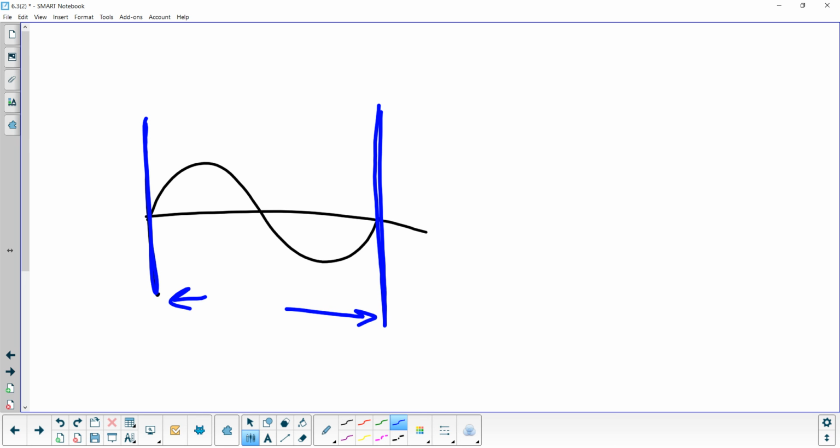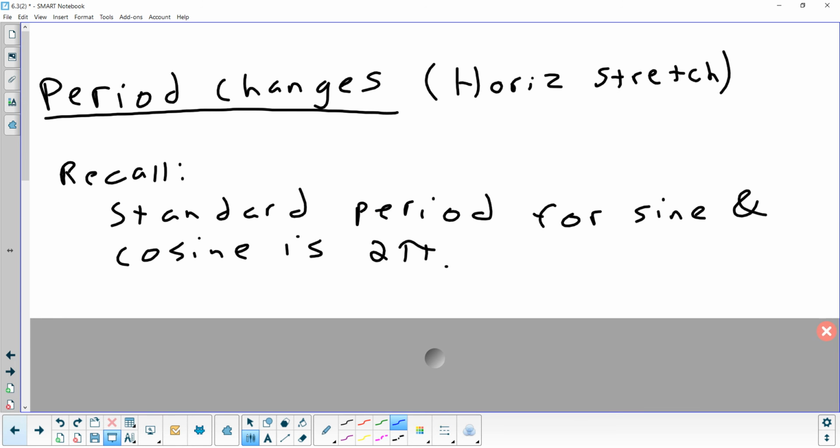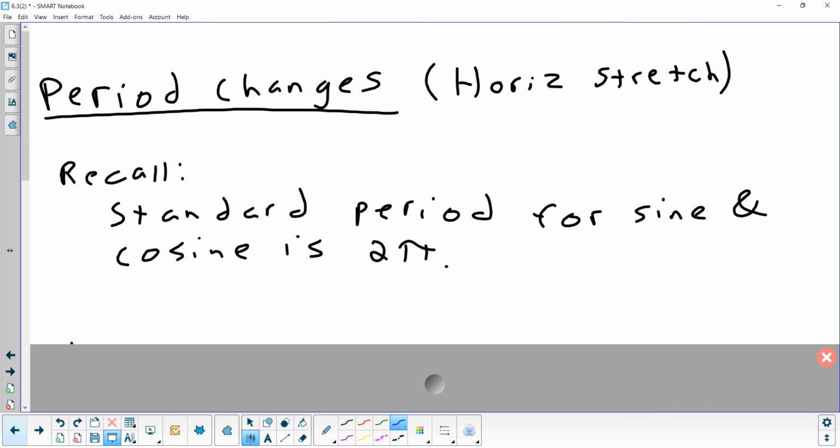Okay, 2 pi. Every problem we've done, you've always had to travel 2 pi units before you get to the next cycle. Well, with a period change, we're changing that. We're changing the period.